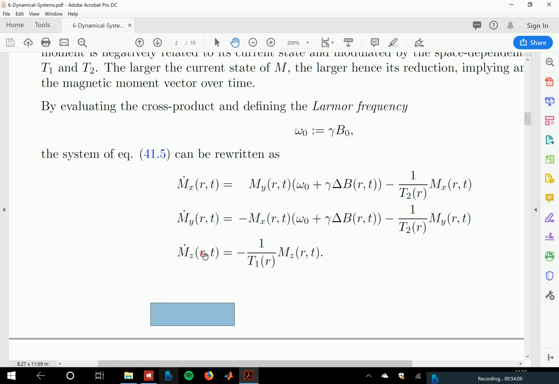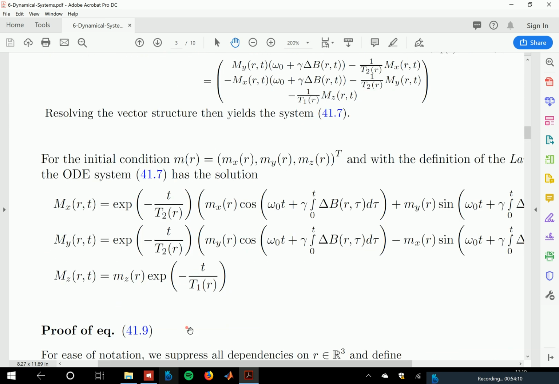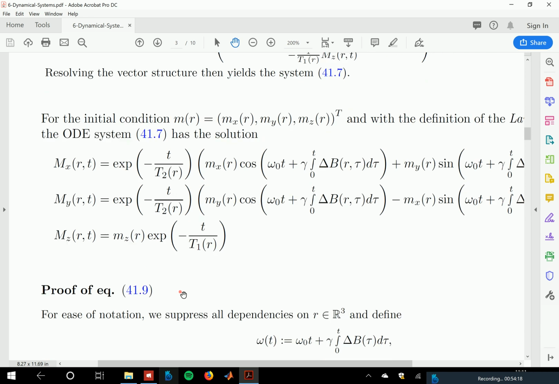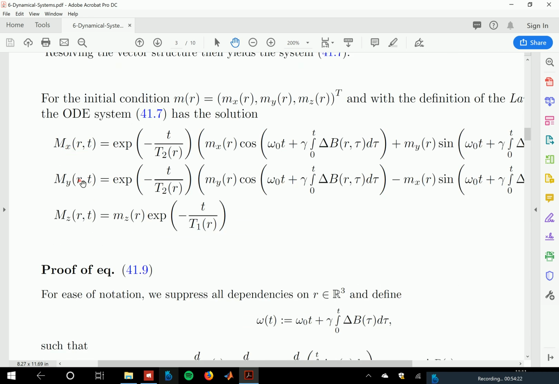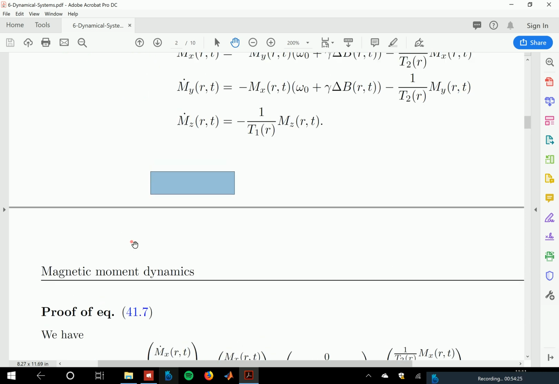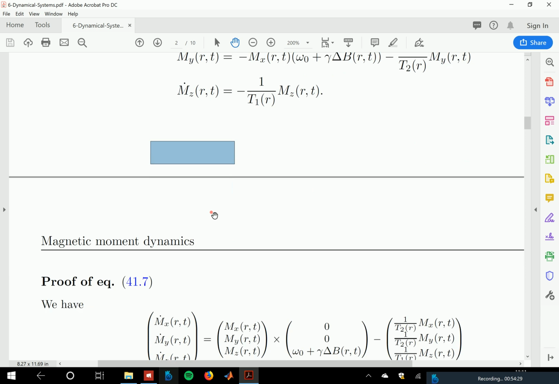Yeah, that's always the question. Then we say, okay, let's test whether these functions here solve this differential equation. And by testing, we mean we compute the derivative and see whether we can recover this form of the derivatives.